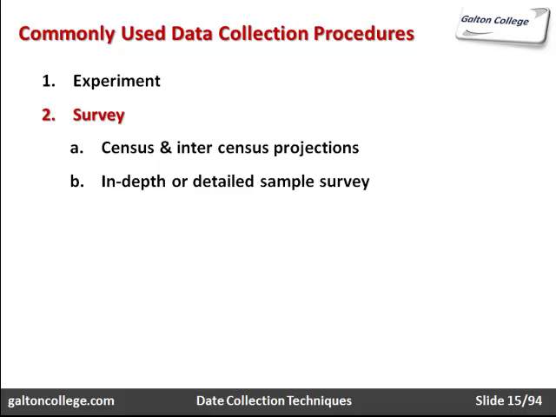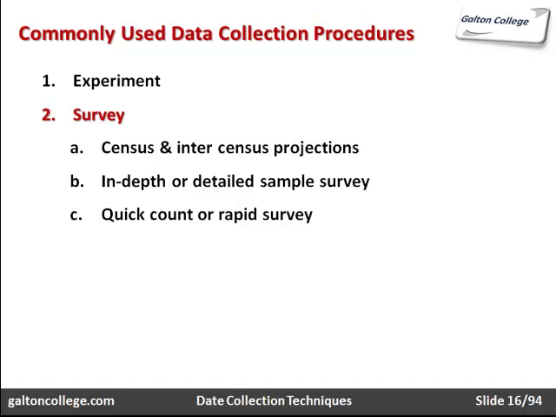The reliability of a sample depends on the sample size and also how it's selected. So the bigger the sample, the more reliable it tends to be. So you could have an in-depth look at sample survey techniques.